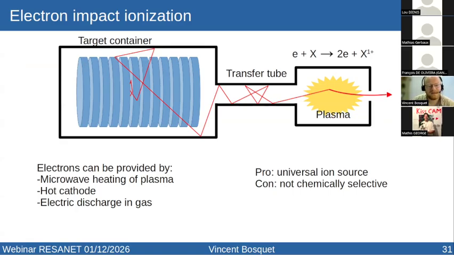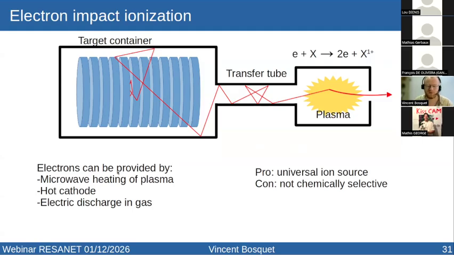The second method is using electron impact ionization. In this kind of ion source, the effusing atoms that arrive inside the ion source encounter a plasma. Collision with an electron will strip one electron away from the atom, creating a +1 atom. This electron can be provided by several methods. The first one is to use microwave heating of a plasma.